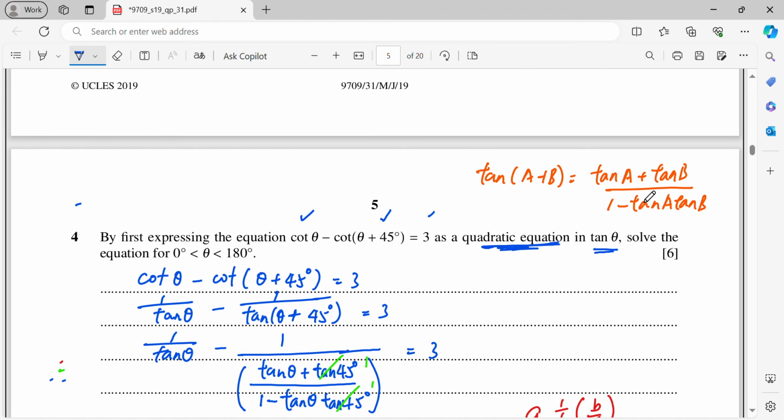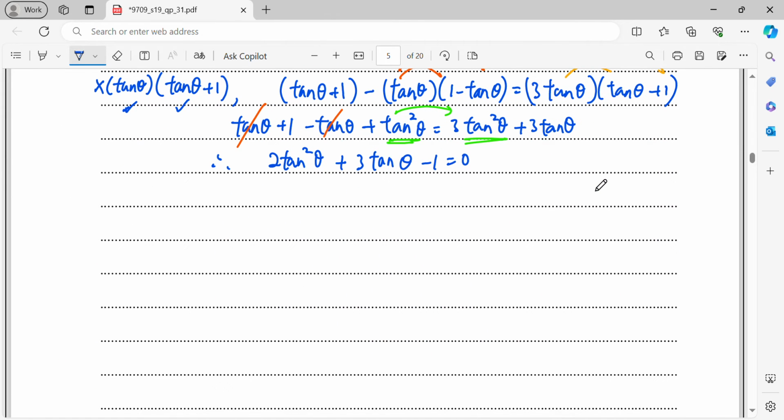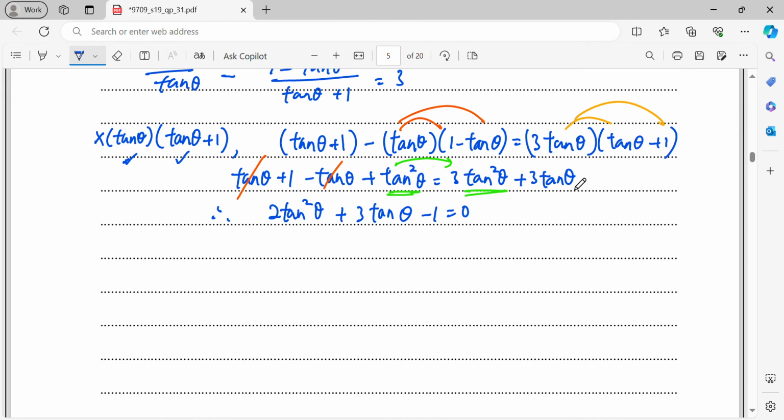After this, solve the equation for theta between 0 and 180 degrees. So now here, this quadratic equation cannot be factorized. Therefore, I have to use the formula. Let A be 2, B is 3, C is minus 1. Use the quadratic formula, which is supposedly for ax squared, but now your x becomes tangent.